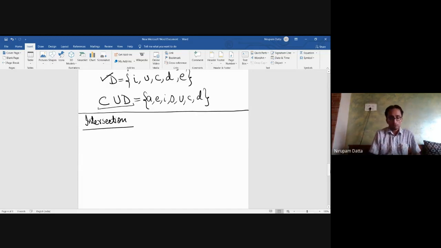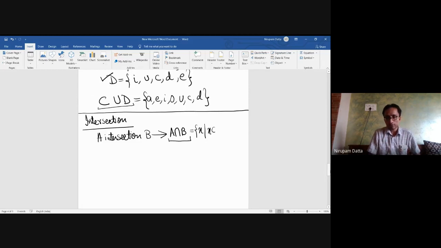So when we write A intersection B, we represent this by the symbol A intersection B. So this is itself a set. What does this mean?